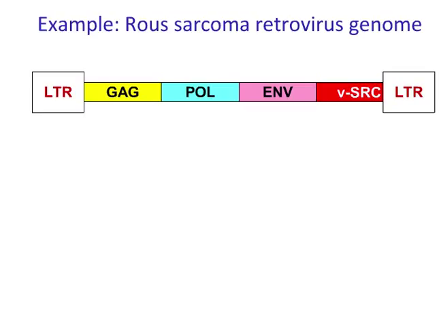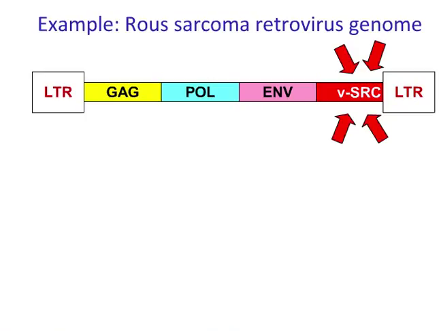In comparison to normal or non-transforming retroviruses, analysis of the genome of a transforming retrovirus, such as the Rous sarcoma retrovirus, revealed that there are extracellular, non-viral DNA sequences present in the genome.